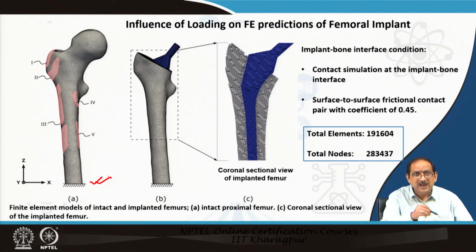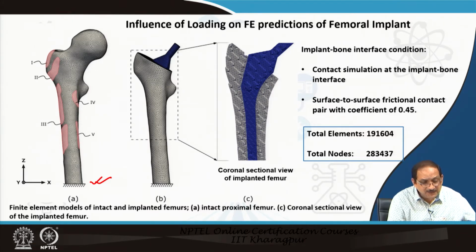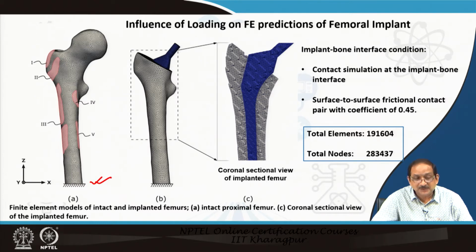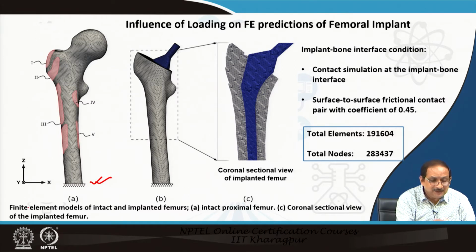On the left we have the intact or natural femur model with the muscle attachment sites. There are 5 muscles here, like gluteus minimus, vastus lateralis, vastus medialis, vastus intermedius and abductor muscles, as indicated in the figure as 1, 2, 3, 4 and 5.